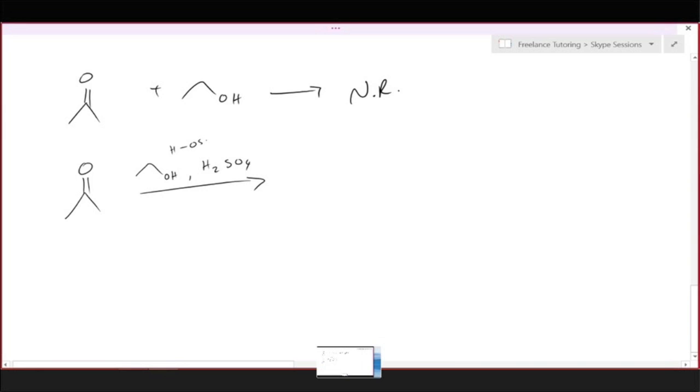So that's a good acid to add. Oh wait, no, that's not what we want to do. We want this carbonyl to be the base.